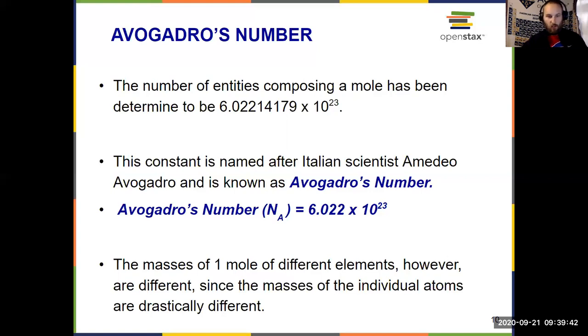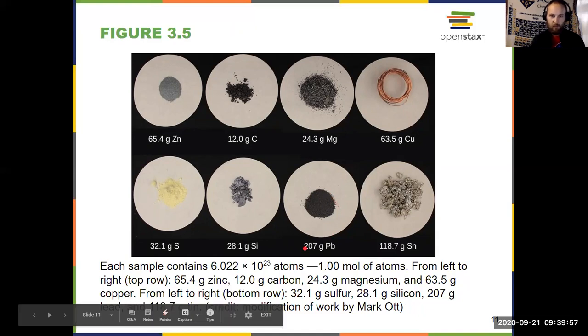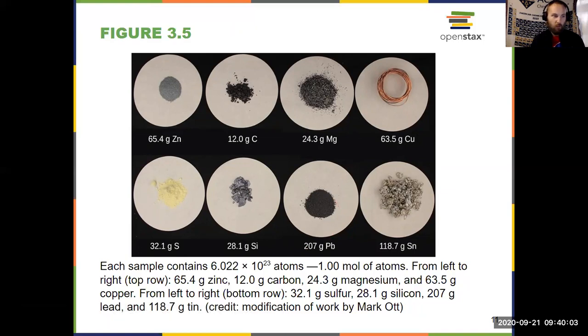So here, if I take exactly a mole of these different atoms, they have different masses: 65.4 grams of zinc, 12 grams of carbon, 207 grams of lead down here, and you see other examples up there. The number of particles for these is the same, so all of those represent exactly 1 mole.